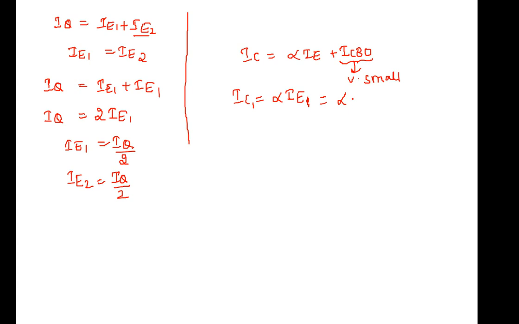Substitute the IE1 value, IQ by 2. Similarly, IC2 equals alpha into IE2. So substitute the IE2 value, so alpha into IQ by 2. So we are finding out the IE1, IE2 currents and IC1, IC2 currents.